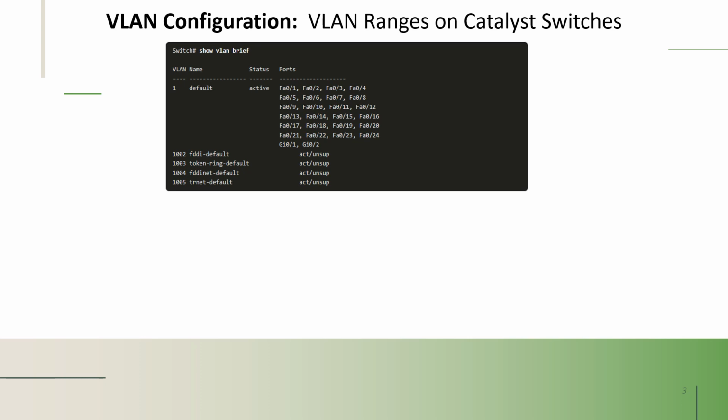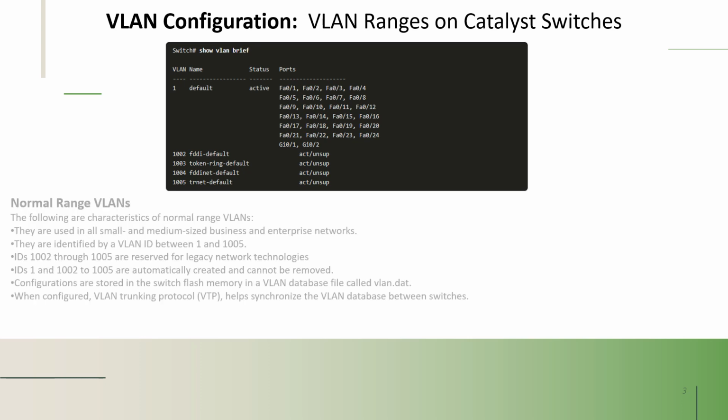You have to know that there are normal range VLANs and extended range VLANs on the switches. Here are listed the characteristics of the normal range VLANs, which are used in small and medium-sized business and enterprise networks. They are identified by a VLAN ID between 1 and 1005.